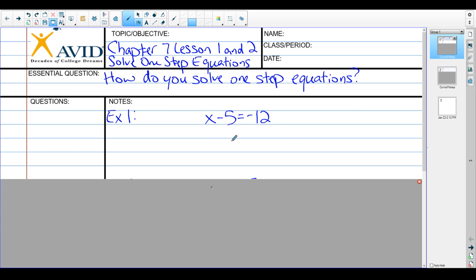So if we say x minus 5, and I don't want this minus 5 on the same side, I can do the opposite of that. I'm going to add 5 to this side. It's going to do the opposite of subtraction.